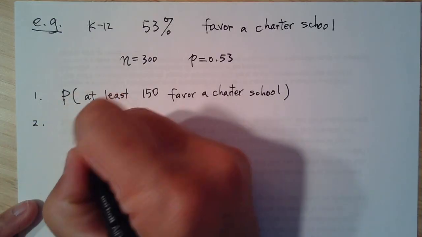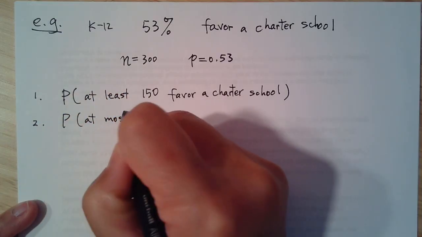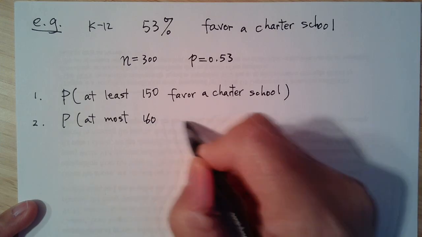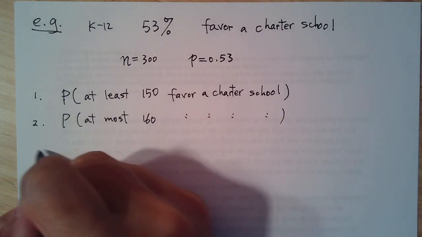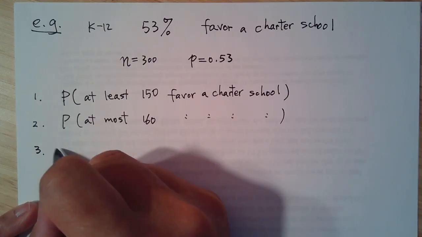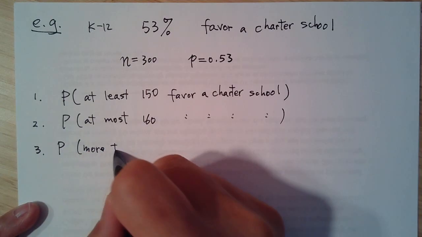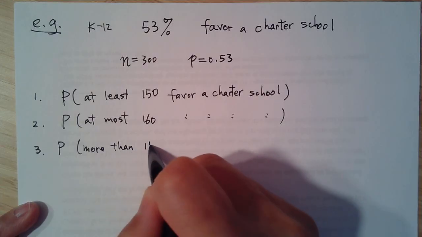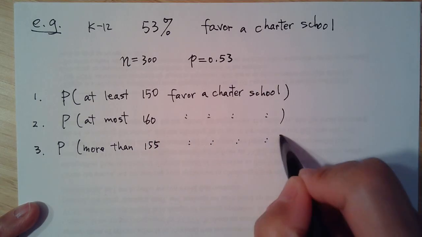Number 2, probability that at most 160 favor a charter school. I'm not writing this down. Number 3, what's the probability that more than 155 favor a charter school?